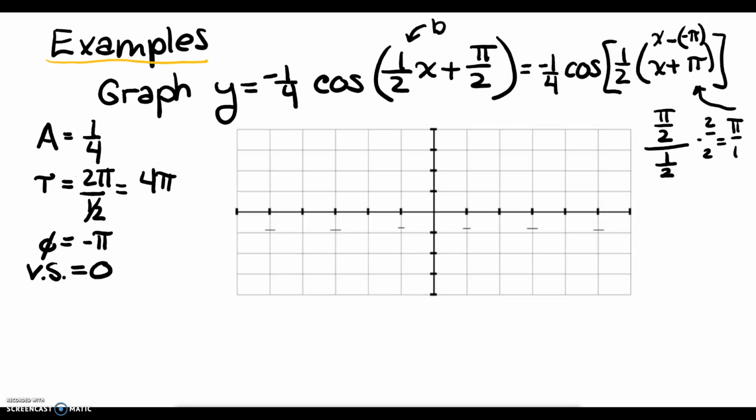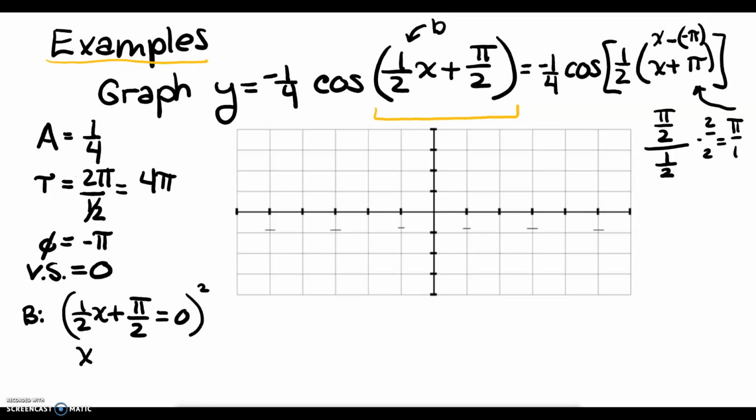Because I have a phase shift, I need to calculate the beginning of my first period. So let's go ahead and calculate that. I set everything that's in these parentheses to 0. So I have 1/2 x plus pi over 2 equals 0. And then I'm going to multiply everything by 2 to get x plus pi equals 0, or x equals negative pi.